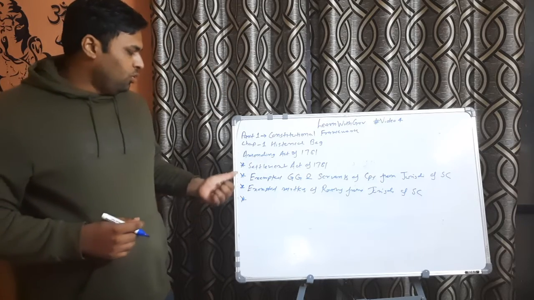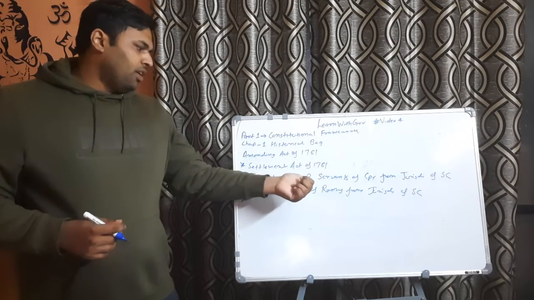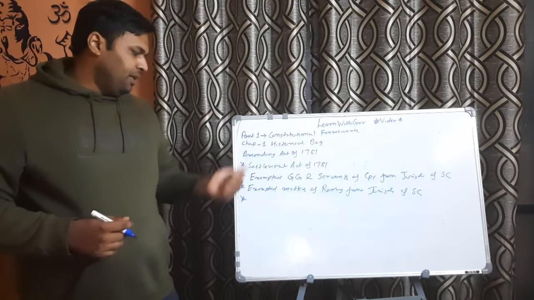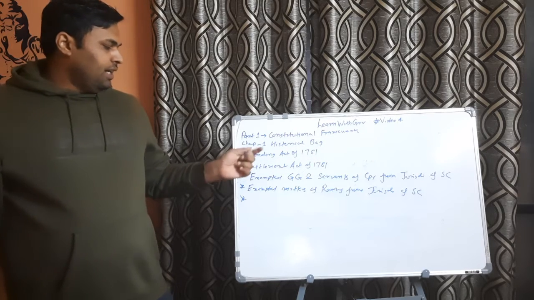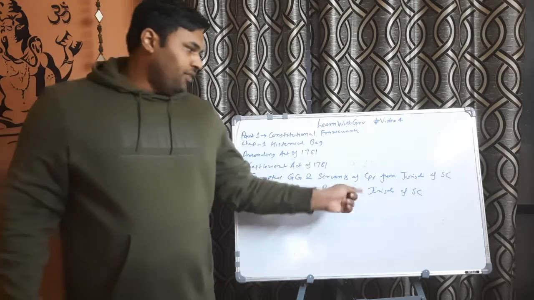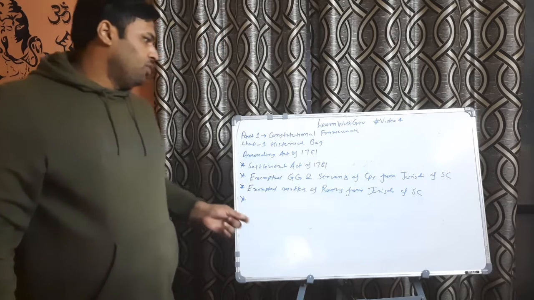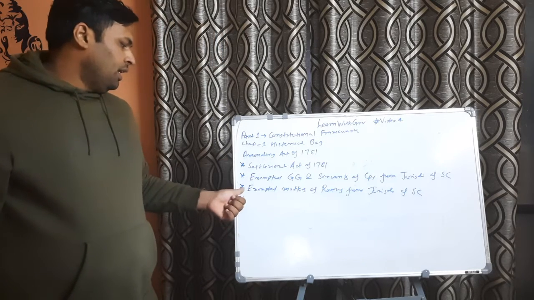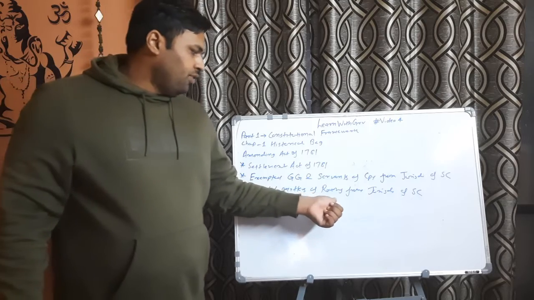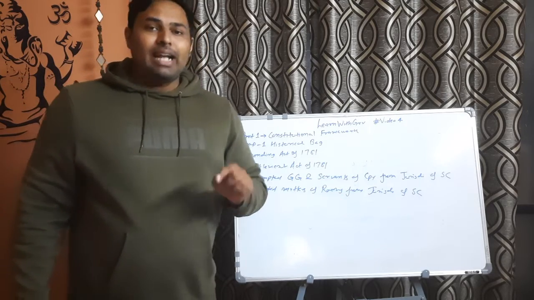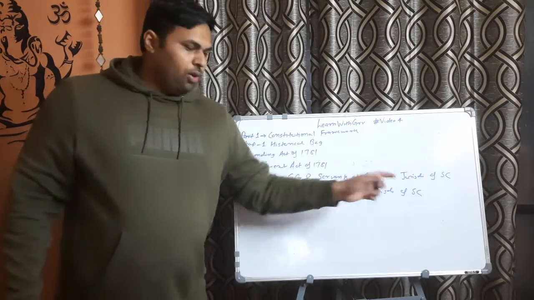So these are the features so far. First, it was called the Settlement Act of 1781. Second, it exempted the Governor General and servants of the company from the jurisdiction of the Supreme Court. Third, it exempted matters of revenue and matters arising in the collection of revenue from the Supreme Court.